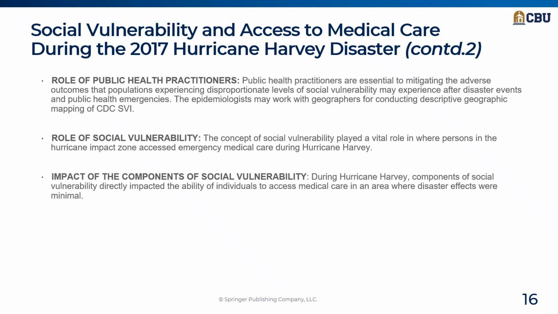Among the 4 CDC social vulnerability themes, socioeconomic status has the strongest influence on how care is accessed. A 10 percentile increase in social vulnerability was associated with a 7% increase in emergency care use within the impact zone, indicating that populations seeking care in the hardest hit areas tended to have lower socioeconomic status.